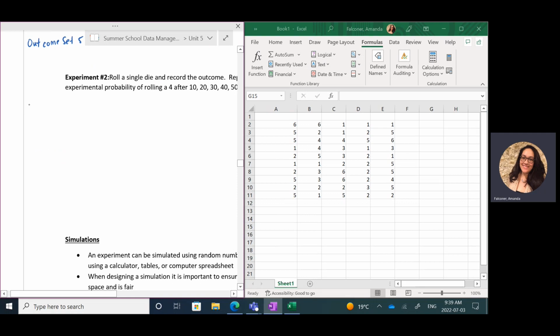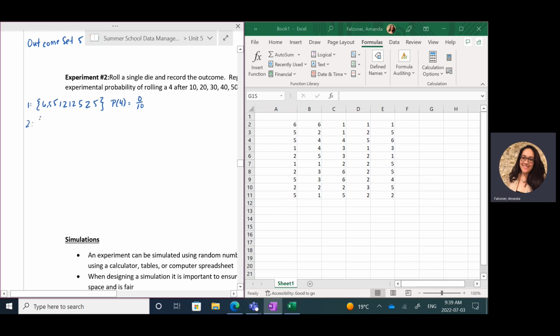So my first set is 6, 5, 5, 1, 2, 1, 2, 5, 2, 5. Okay, so that's my first set of outcomes when the dice is rolled. And for that probability of rolling a 4, that's 0 out of 10.